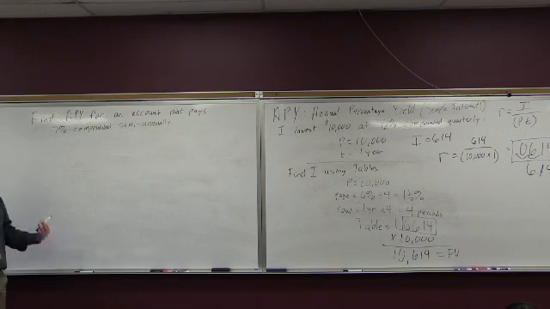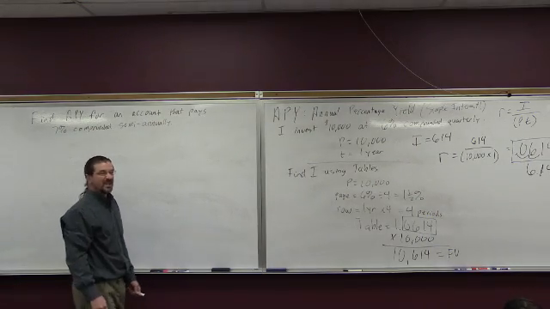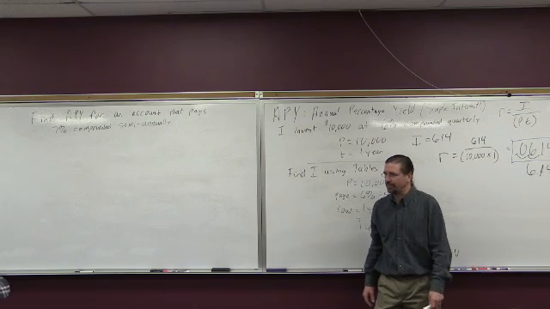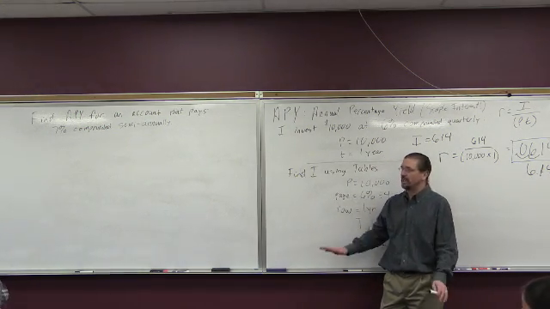Notice I didn't even bother to give you the money this time. I didn't give you any P. Because you guys now know it doesn't matter. All right? Don't get tricked into trying to use that principal when you go to calculate APY. It doesn't matter.